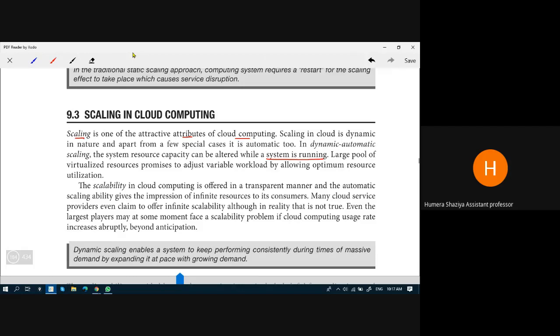This is dynamic scaling that enables the system to keep growing or shrinking, by expanding as the demand grows.